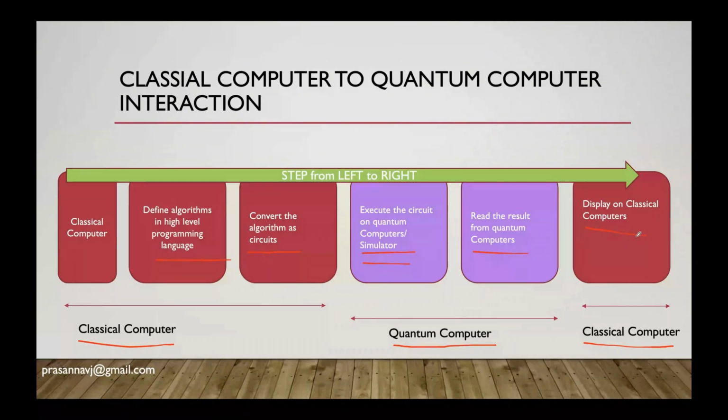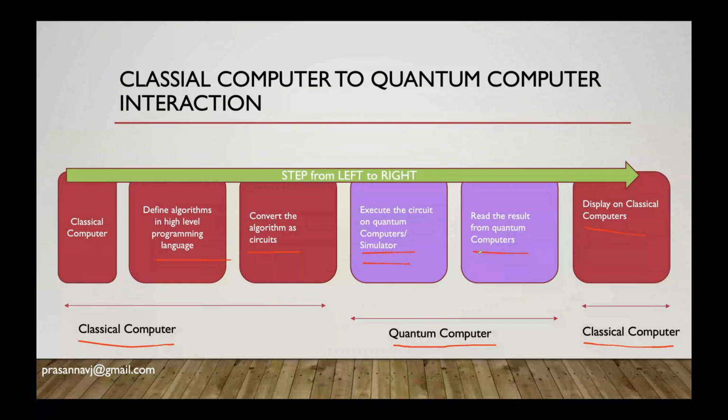Hope it makes sense. The reason we say reading the response from the quantum computer is that in actual quantum computers, the qubits are in a superposition state, and the state varies every second, or every microsecond.